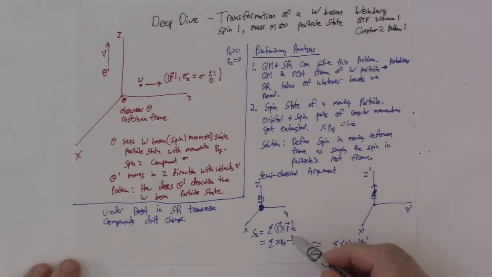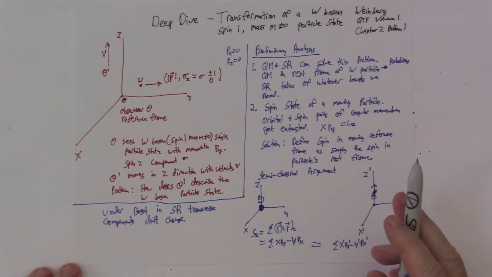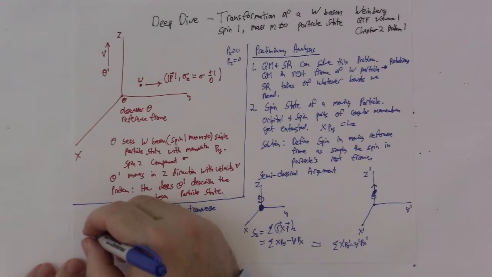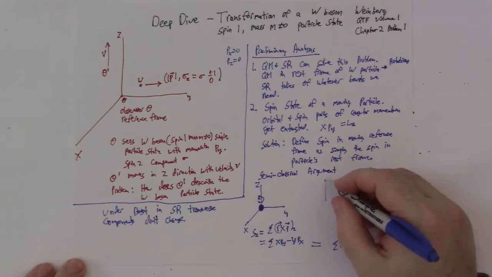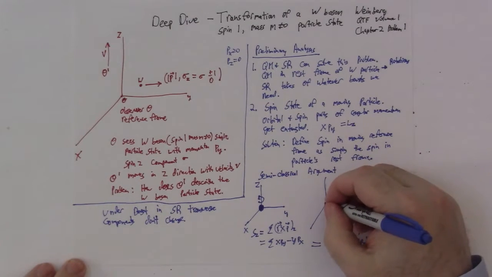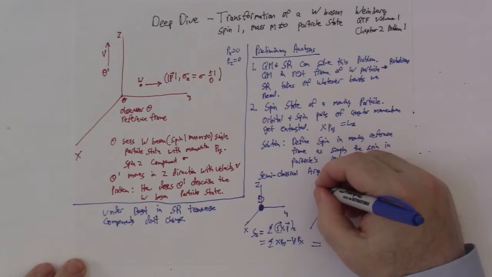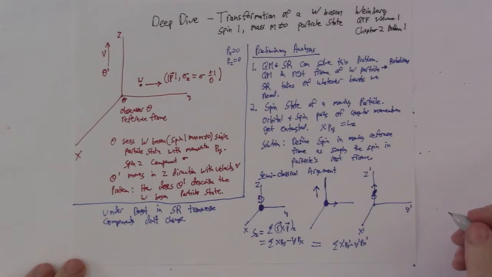So this gives us good reinforcement that when we boost the particle's spin to a new reference frame, it doesn't change. Now, what if it's transverse? What if the spin is like in this direction, and then we boost it in this direction? The same argument doesn't seem like it applies.